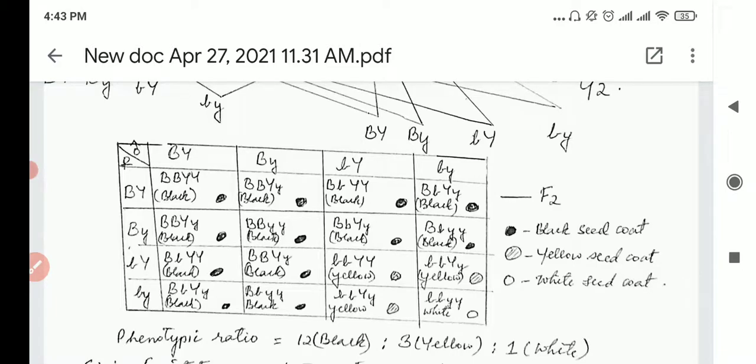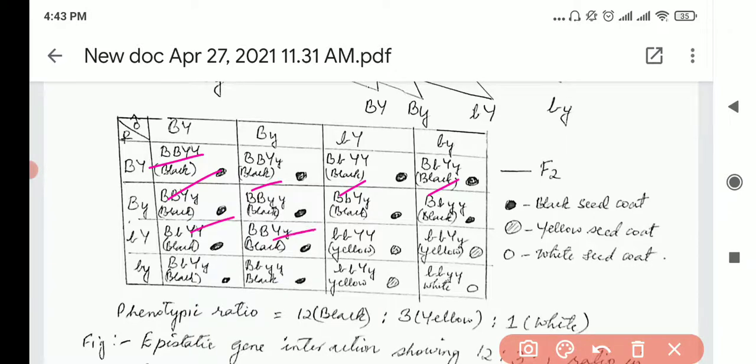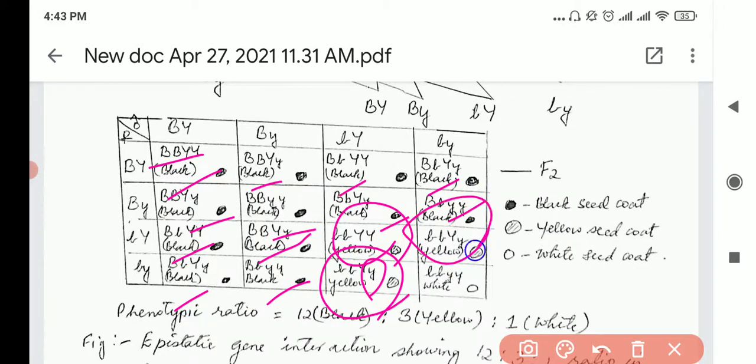If you notice here, capital B, since it's present, is showing black color. Capital B is present, showing all black. But where capital Y was present alone, without the presence of capital B, you could see a different color, yellow, appear.